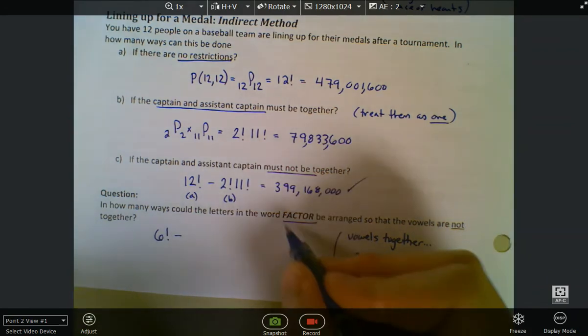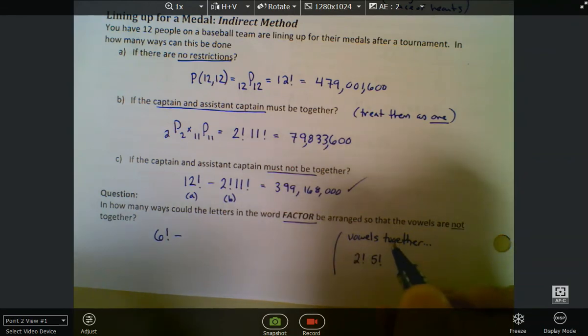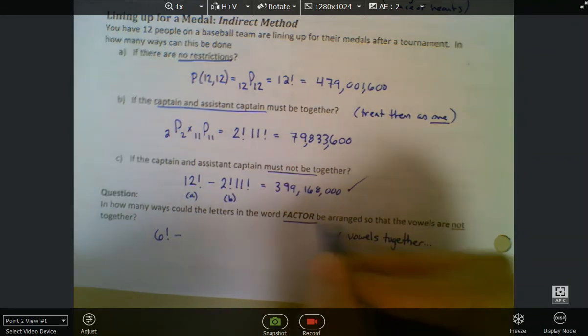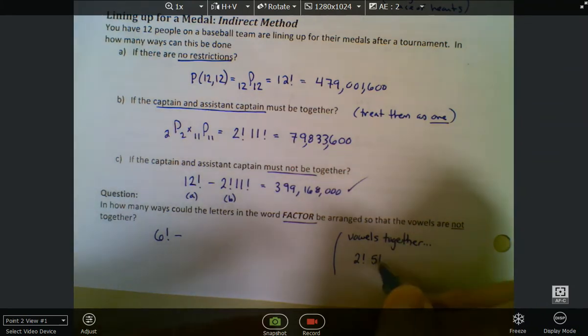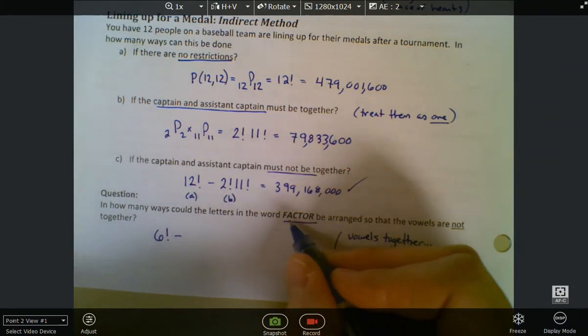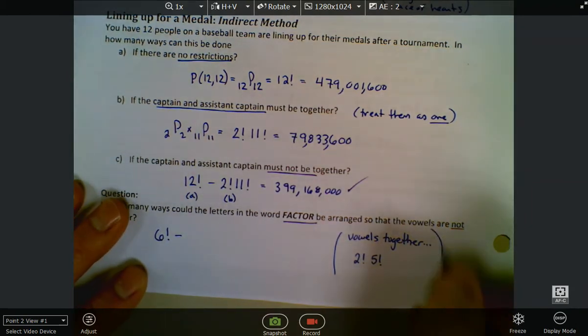That's the F, the C, the T, and the R, so that's 4 of them, and then the O and the A are together, so that's 5, and then how many ways can we arrange those? And then you multiply it by the AO, OA ordering, and so that is when the vowels are together.